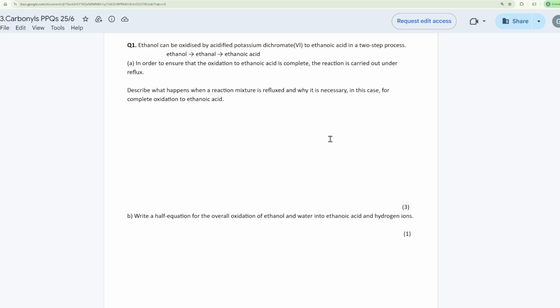Well, it's heated constantly at a high temperature. So I'll say that. Heated constantly, I think that's an important word, at a high temperature.